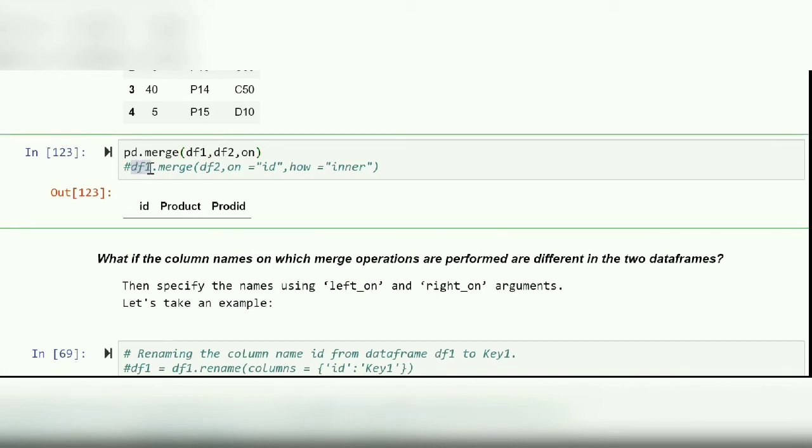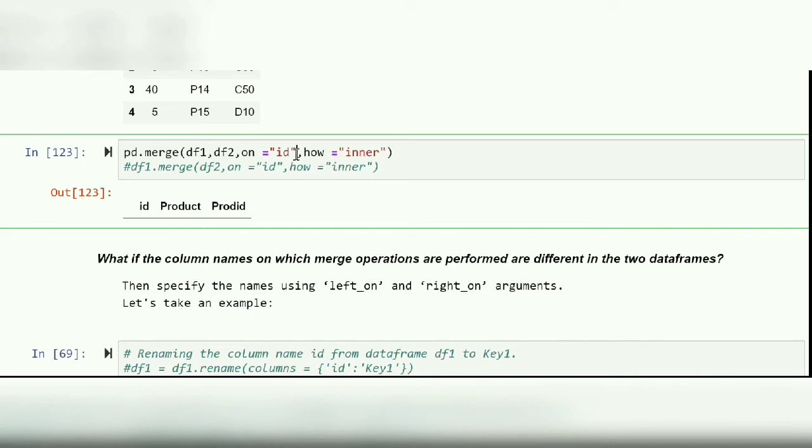You can write df1.merge, as in data frame 1 dot merge data frame 2, on and then how and the rest of your parameters. Alternatively, you can write it in this manner. Let me copy this. Instead of df1, pd.merge, and you specify the data frames to be merged here.